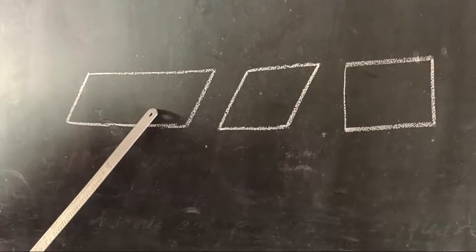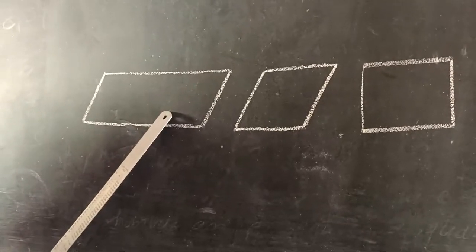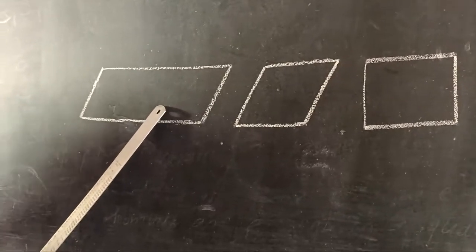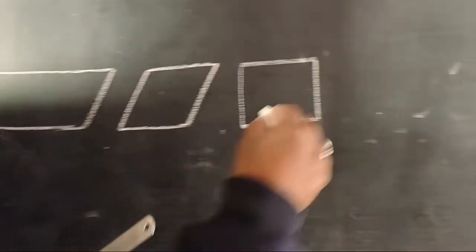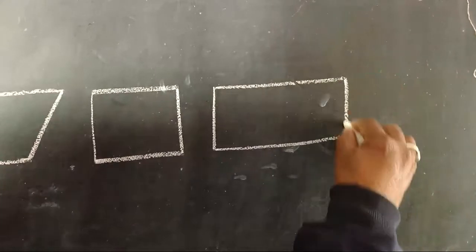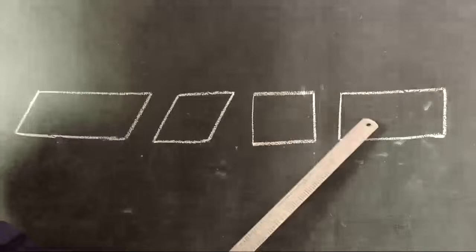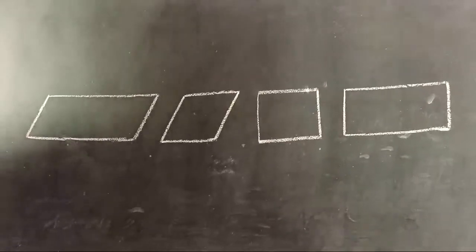If each angle of a parallelogram is 90 degrees, then it becomes a rectangle. Good. These are the different quadrilaterals we studied in the previous period.